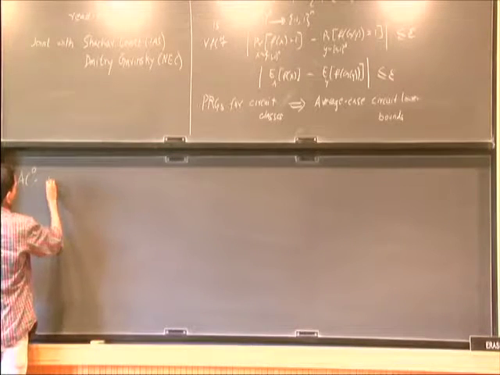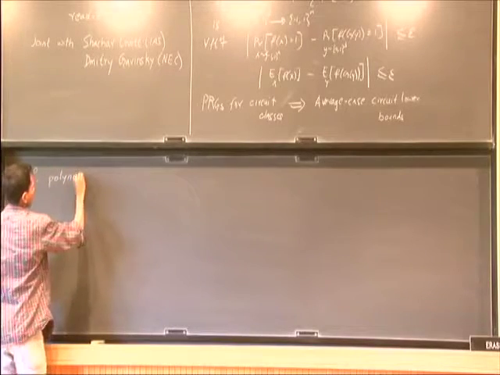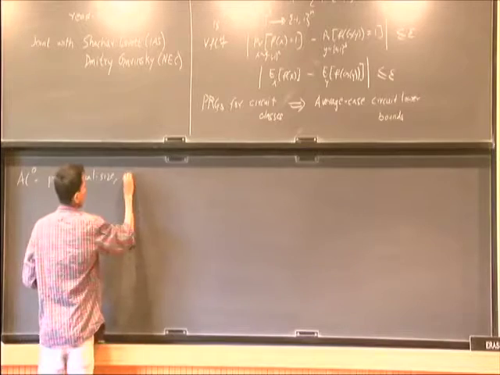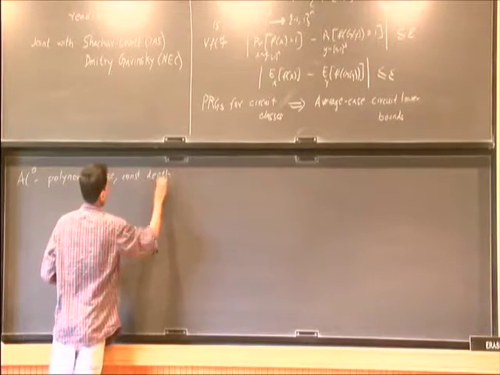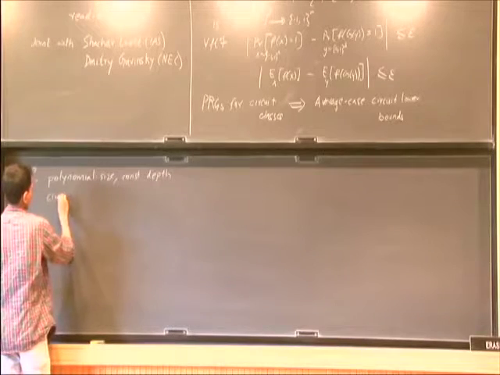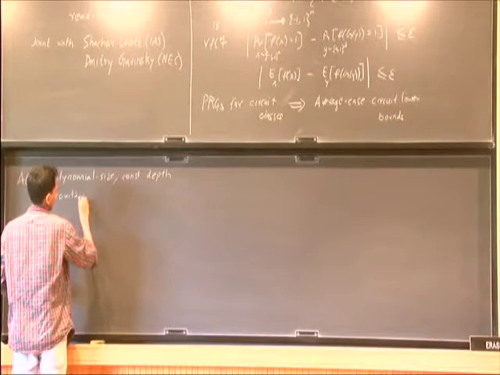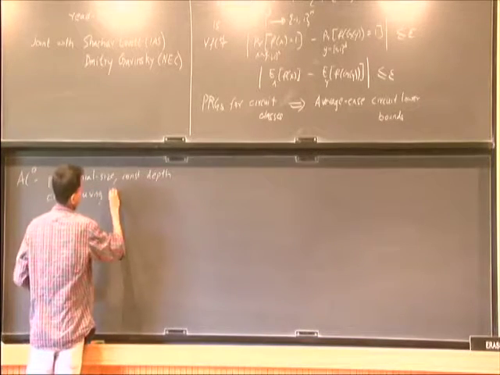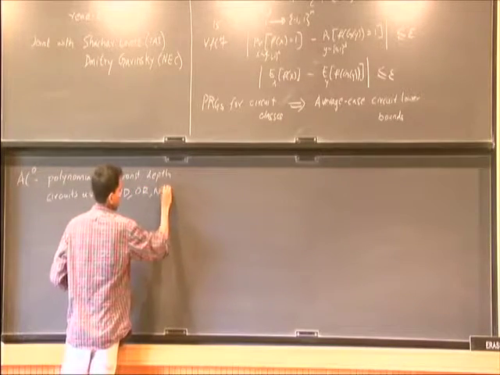This is the class of functions computed by polynomial size, constant depth circuits made up of AND, OR, or NOT gates.